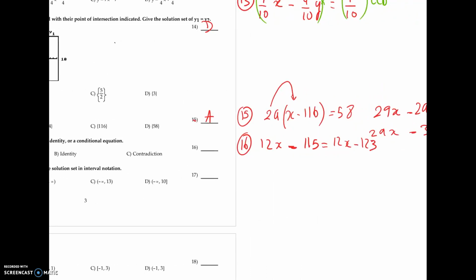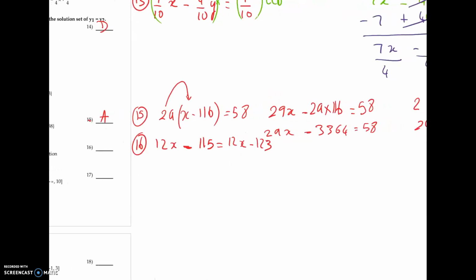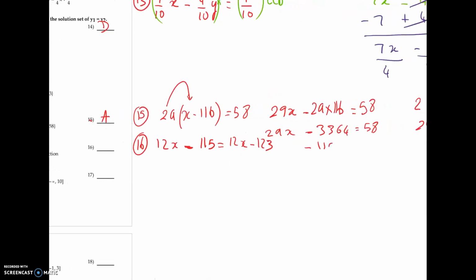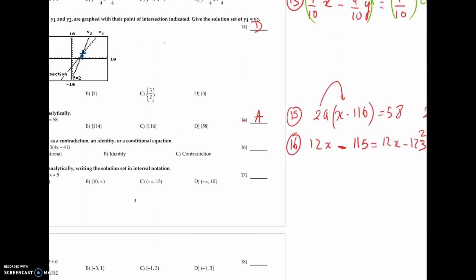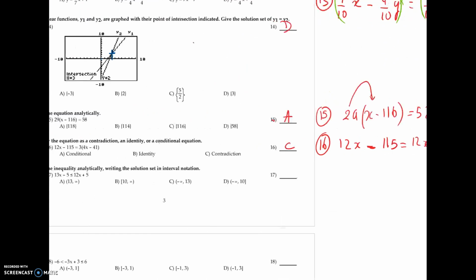Obviously, if I put all the variables on one side, I end up with negative 115 equal negative 123, and that means it's a contradiction. Kind of weird to have negative 115 equal negative 123. So the answer was C.